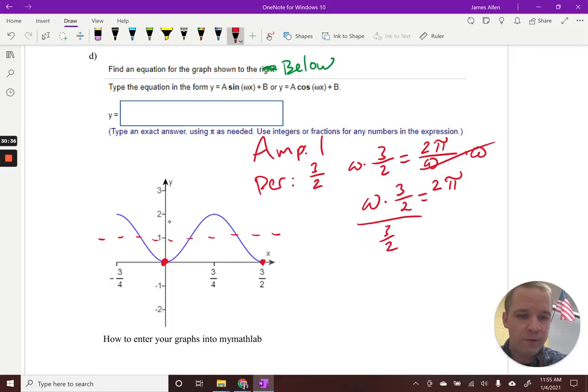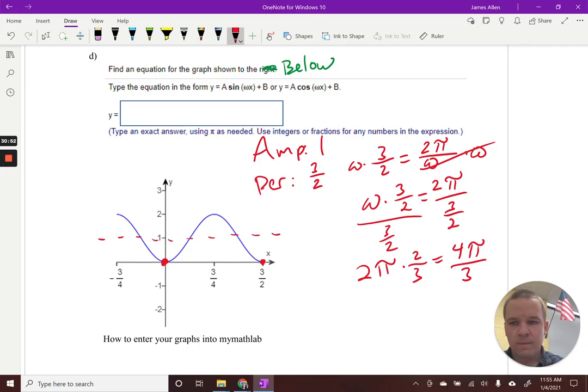And yes, that algebra will work out that way each time. I'm just showing it because I'm crazy apparently. So I have 2 pi multiplied by the reciprocal, times 2 over 3. So I'm going to get 4 pi divided by 3.